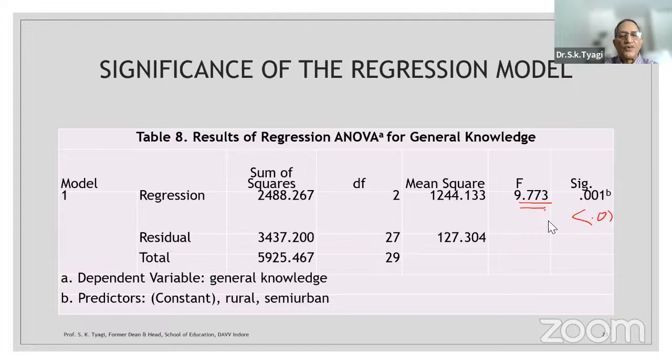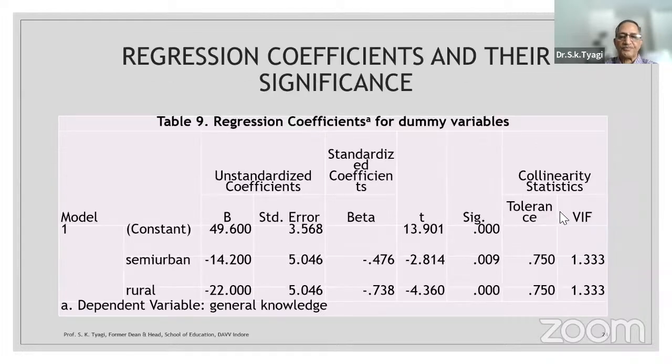Therefore, residence is a significant predictor. Now let us come to this. We have this constant term 49.6 and these 2 regression coefficients. One is for semi-urban, another is for rural. We are comparing semi-urban with urban and rural with urban.